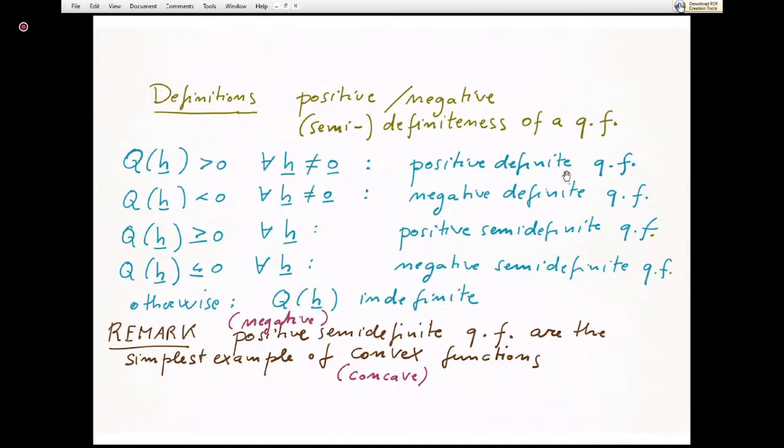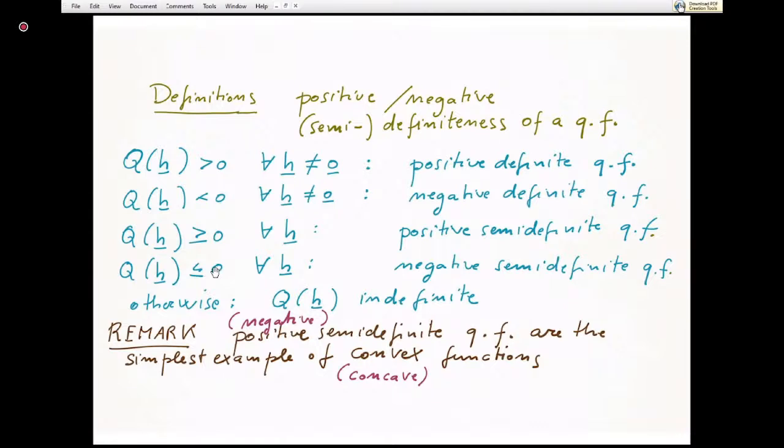If it is always negative, it's called negative definite quadratic form. Then there are the weak definitions. They are the same but weaker. It's positive semi-definite if it can be zero, but it cannot be negative. It is positive or zero. Negative semi-definite if it cannot be positive. It is always negative or zero.